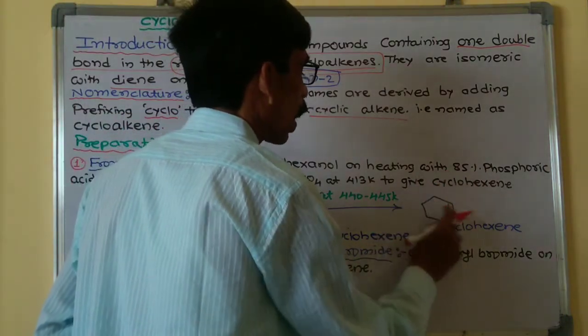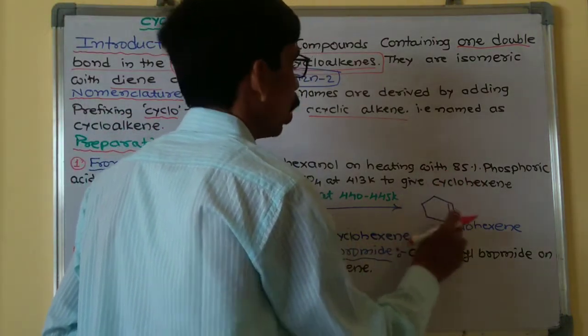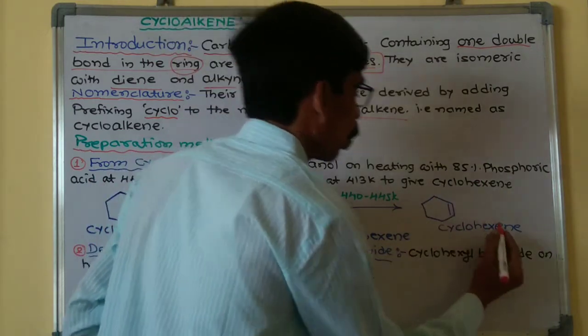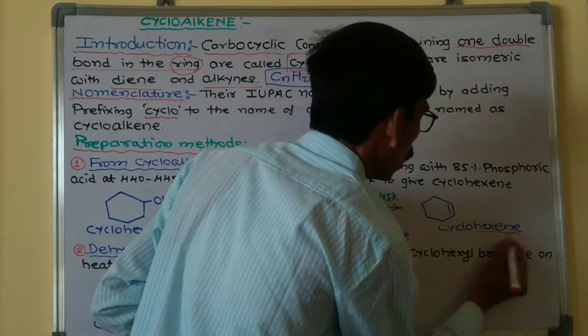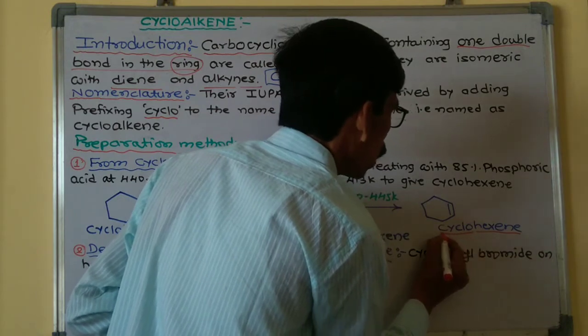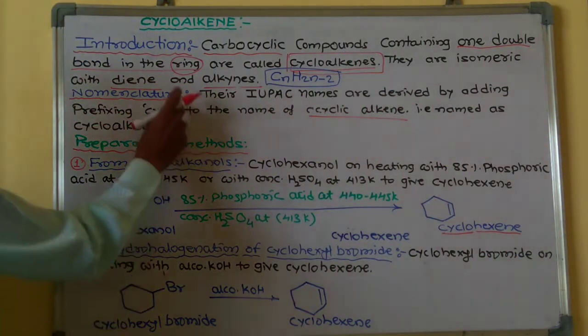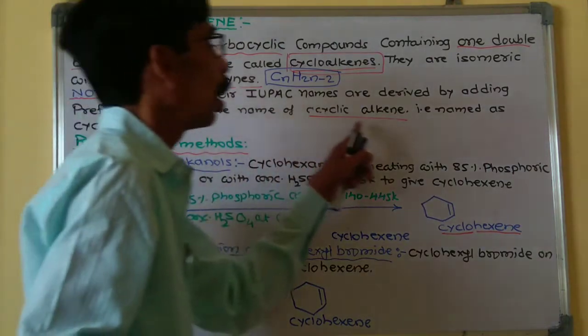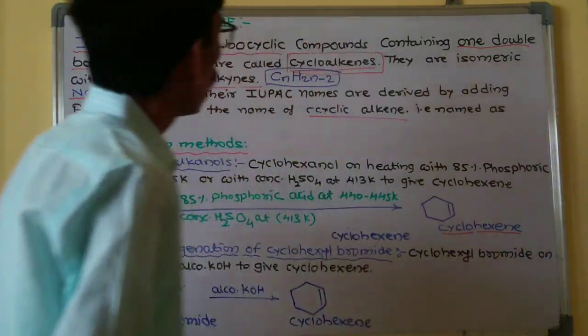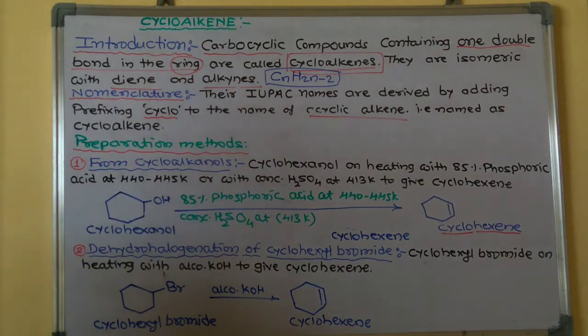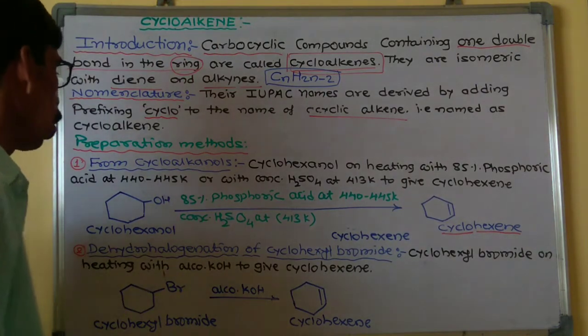There are 6 carbons in the form of a cycle, and with 6 carbons it is called hexene, and because it is cyclic it is called cyclohexene. So this is the IUPAC naming system of cycloalkenes.